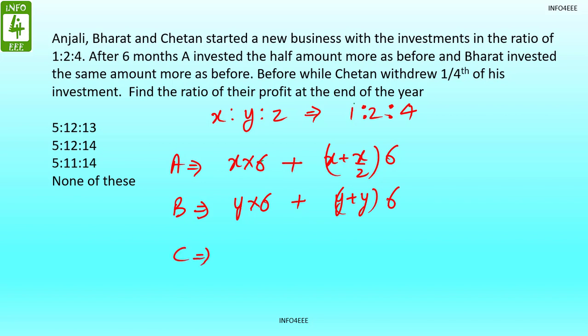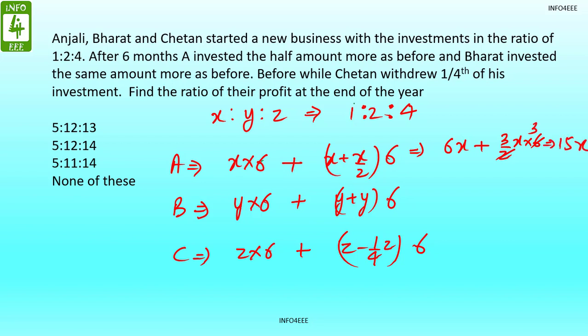What about C? C withdrew 1/4 of his investment. So for the first 6 months, C invested, let's say, Z amount, then he withdrew 1/4 of the amount for the next 6 months. So if you solve, this is 6x plus 3 by 2 x into 6. So this is 9 plus 6, which is 15x.